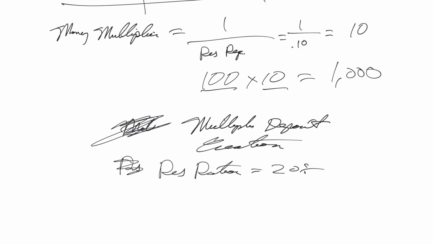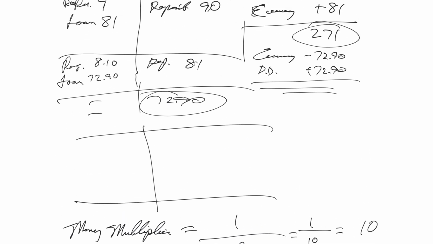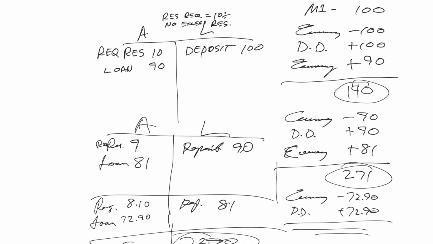First of all, let's just think about this. Will the money supply become bigger or smaller? Now, the reserve requirement has gone from 10% to 20%. This means that each round of lending is going to be smaller.